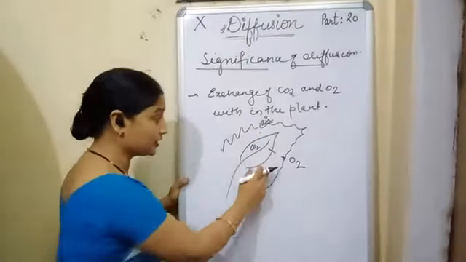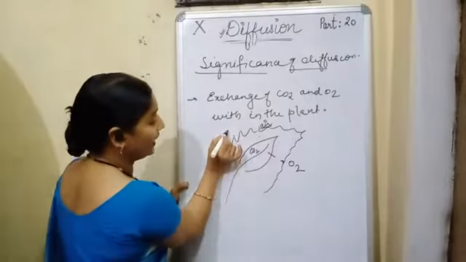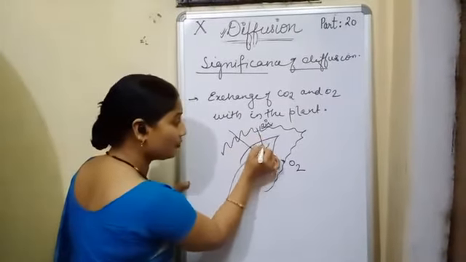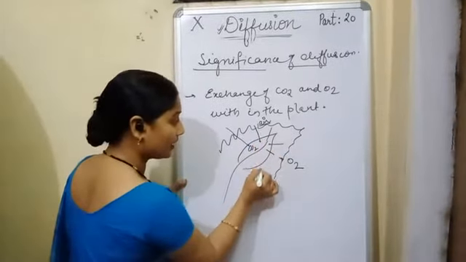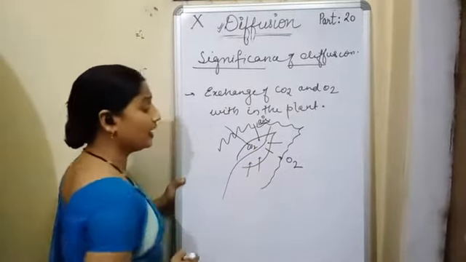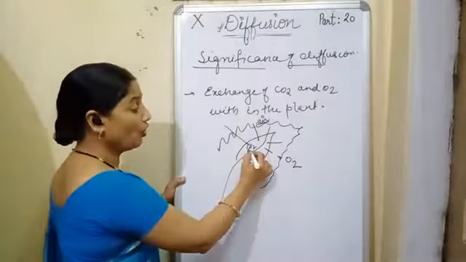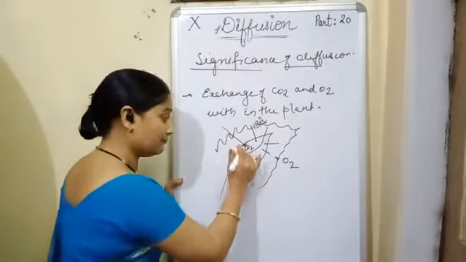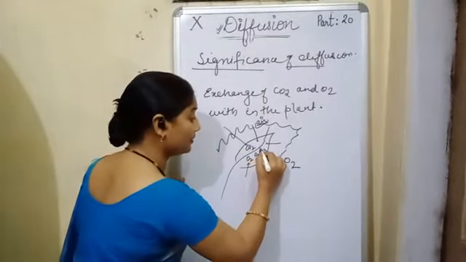Because of this pressure, the molecules of the air, which are at the higher concentration, start moving inside the leaf. Now the leaf will use all the CO2, and after using CO2, oxygen will be left.